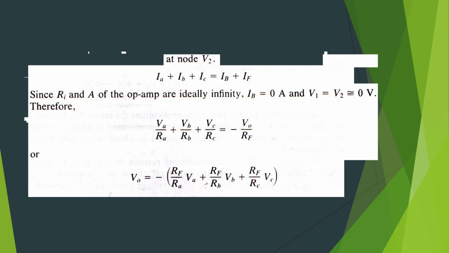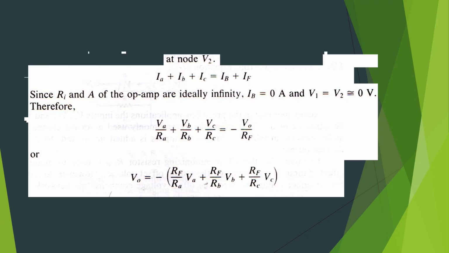At node V2, IA plus IB plus IC equal to IB plus IF. Since RI and A of the operational amplifier are ideally infinity, therefore IB equal to 0 ampere, V1 equal to V2 approximately equal to 0 volt.